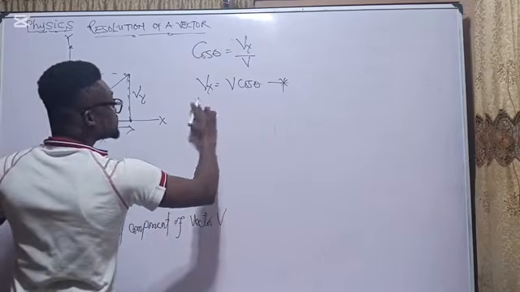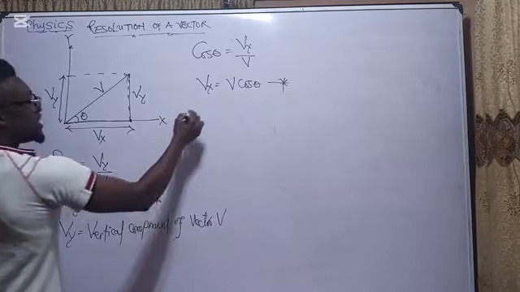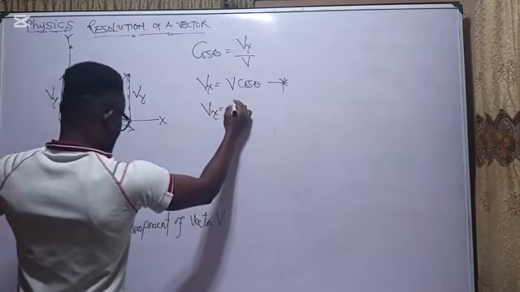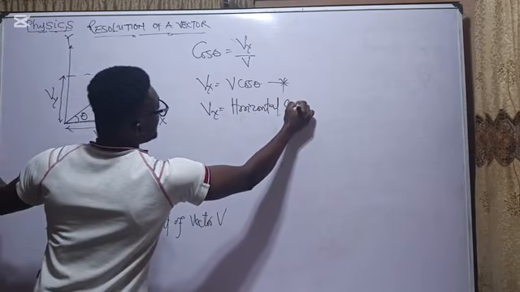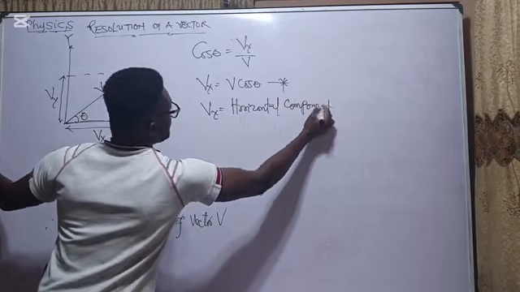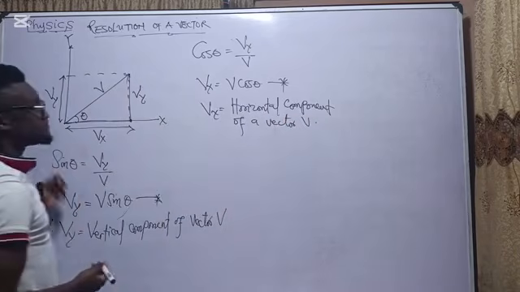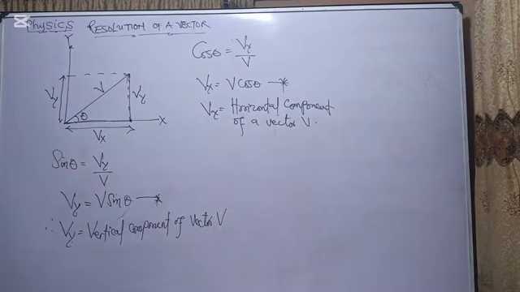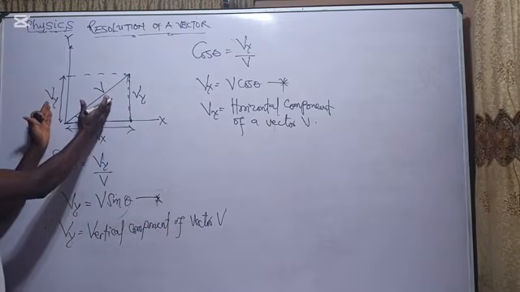Now this gives the horizontal component of the vector. So we have Vx as the horizontal component of a vector V. Now with these two formulas, you can resolve a vector along the horizontal and along the vertical. So if you sum the two vectors, you are getting back the vector.